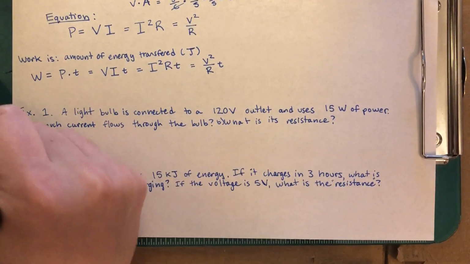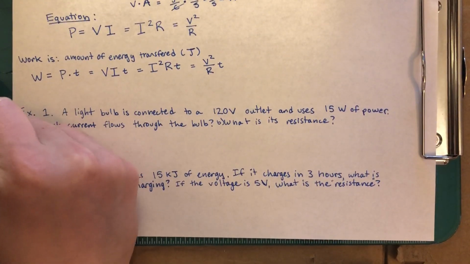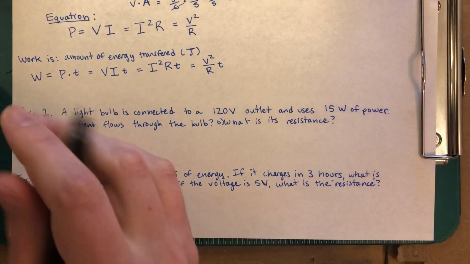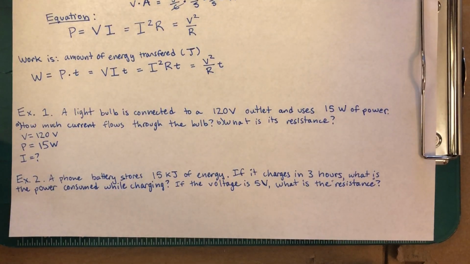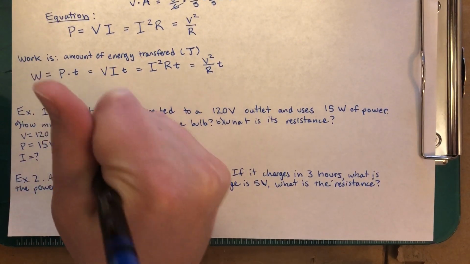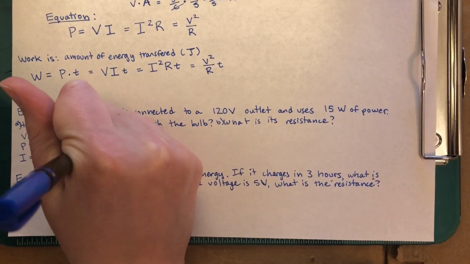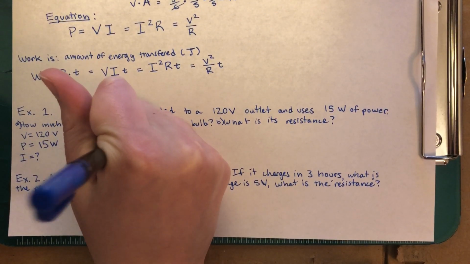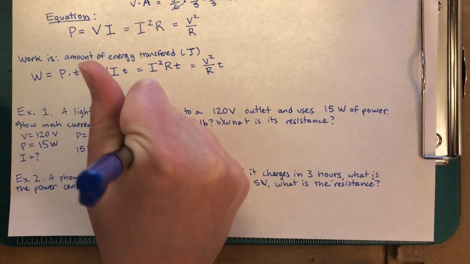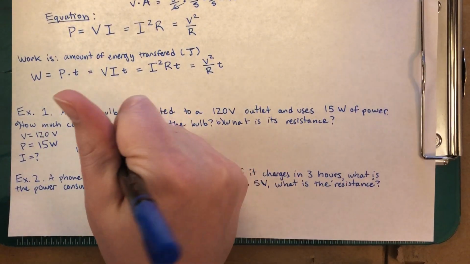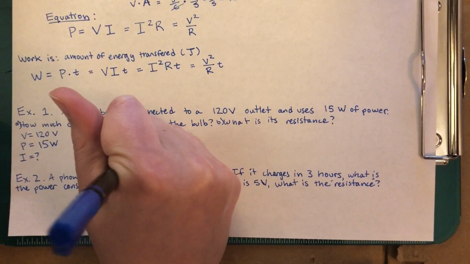And A wants to know how much current flows through the light bulb. So I'm going to use P equals V times I. 15 watts equals 120 volts times I. And then to find I, I'll divide both sides by 120.